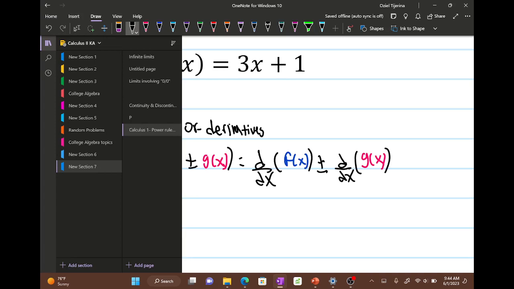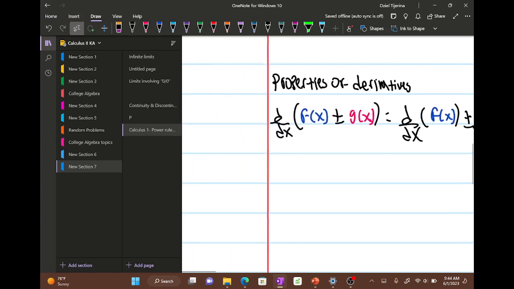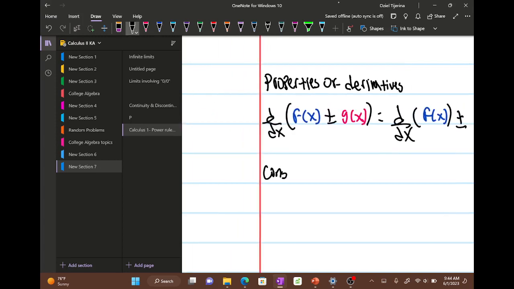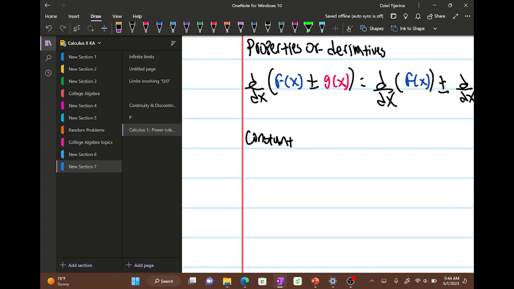And there's also another rule, a constant multiple rule.